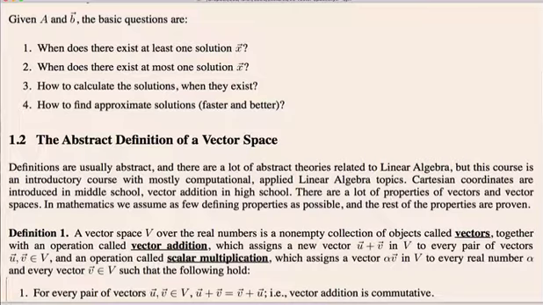For example, Cartesian coordinates are introduced in middle school and vector addition in high school. And there are a lot of properties of vectors and vector spaces. In mathematics, what we try to do is restrict the defining properties to as few as possible, and then the rest of the properties are proven from the previously established defining properties.